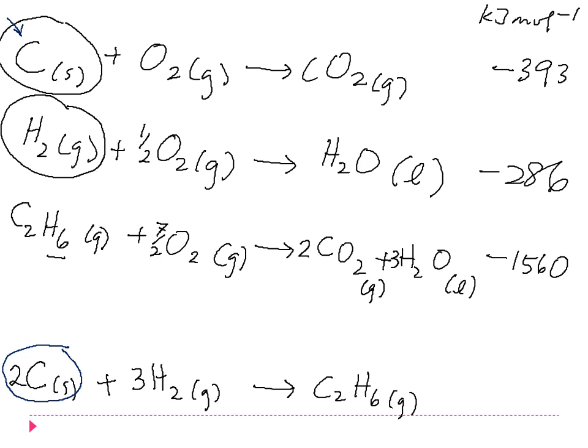So we multiply all of the species in this first equation with 2. So it becomes 2 carbon plus 2 oxygen gas become 2 carbon dioxide. And for the enthalpy also, we have to multiply by 2.